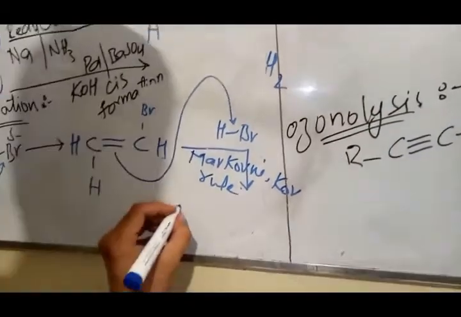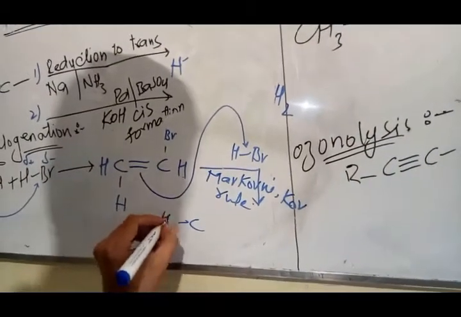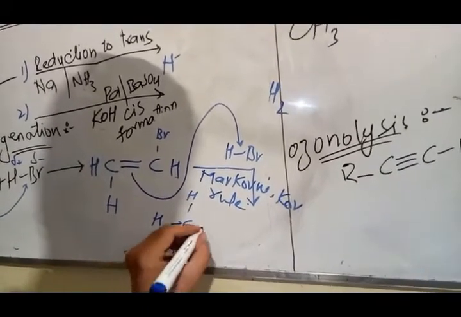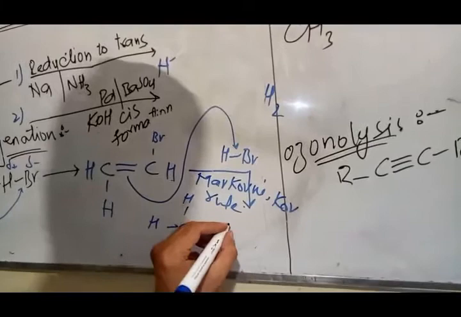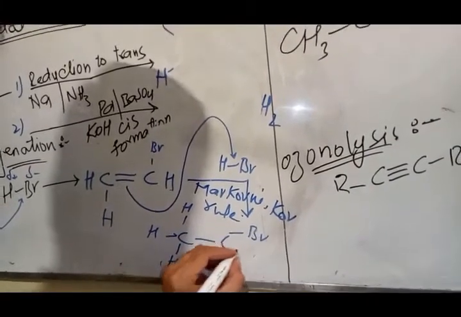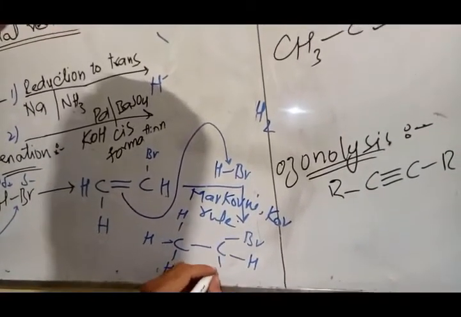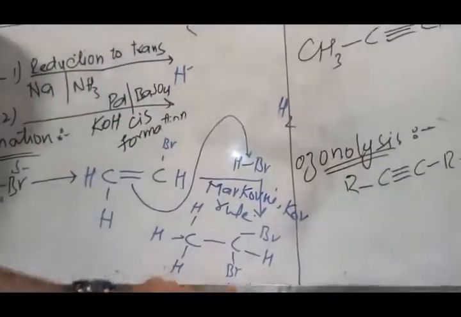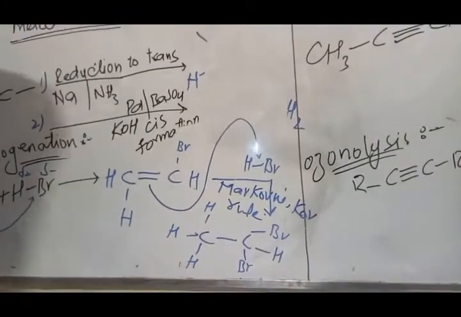So our final product will be C single bond H single bond H single bond H, Br, H and Br. This is our final product in which we use Markovnikov's rule for the second addition. The second bromine is attached at the carbon with the lesser number of hydrogens.